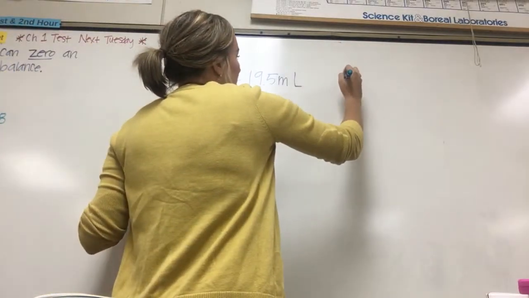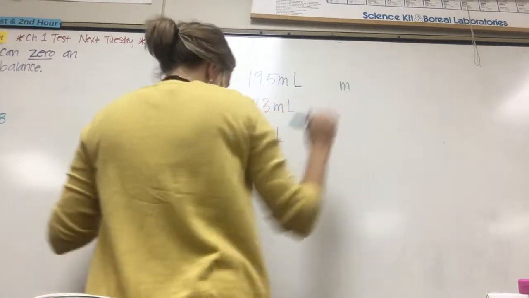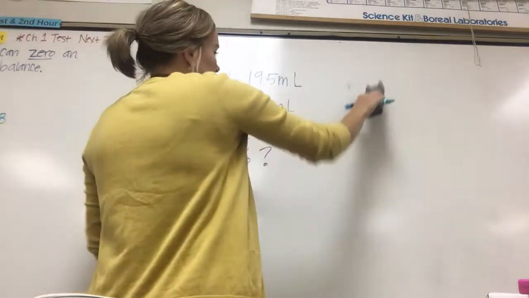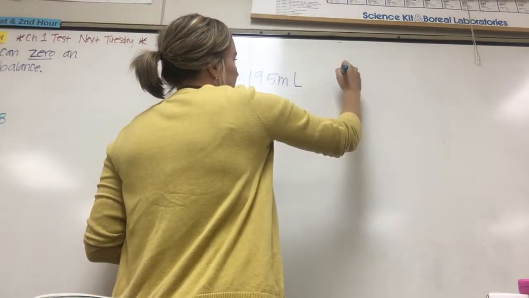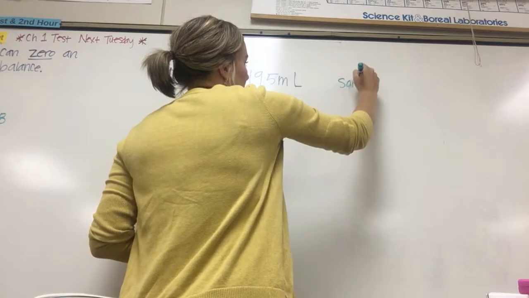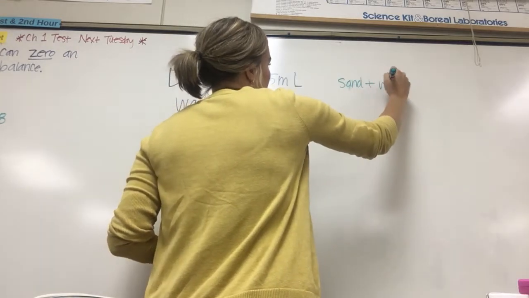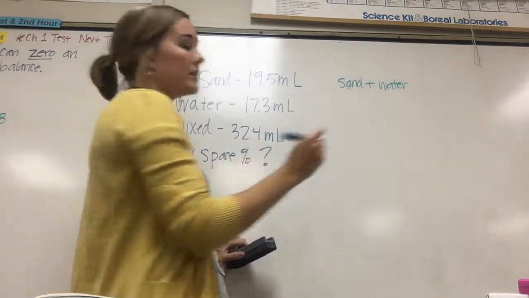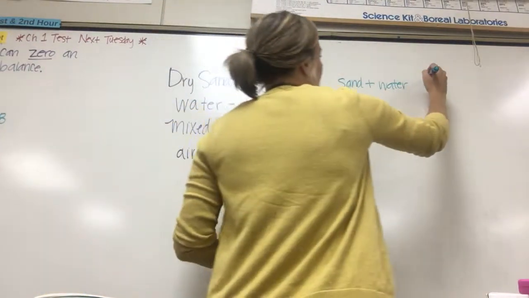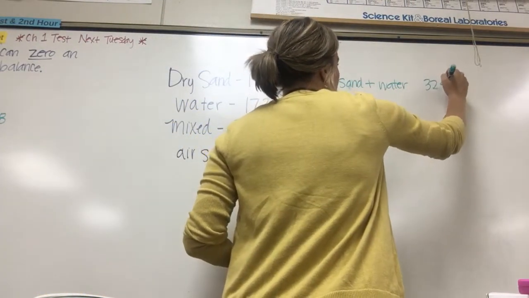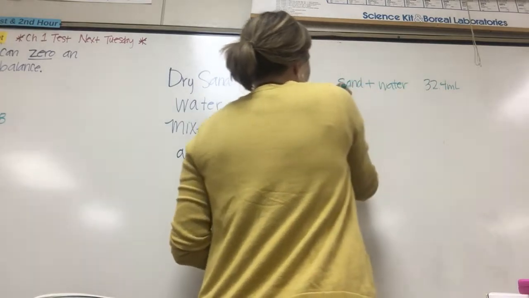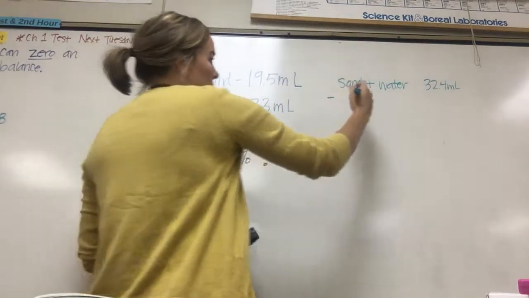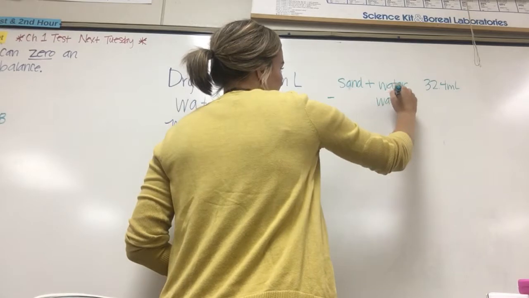So we're going to start with mixed, and when I say mixed, that means sand plus water. I want to make sure you can still see it. Yeah. So we had 32.4 mils. Now we're going to subtract the amount of water we added.